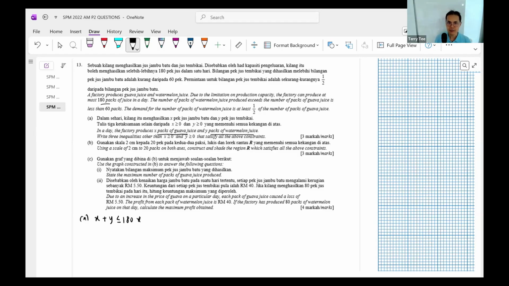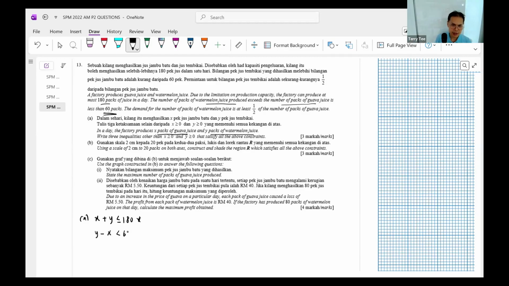Second one, the number of packs of watermelon exceeds the number of packs of guava. Watermelon is Y, guava is X. So when you say watermelon more than guava, it means watermelon minus guava has extra.